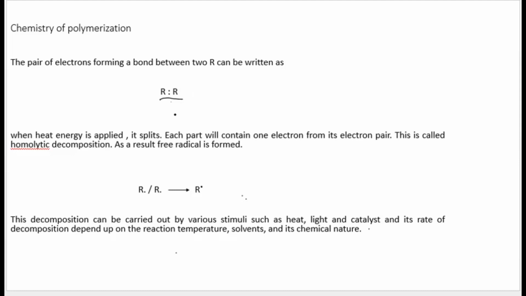So when we apply heat on it, it splits into two equal parts, two identical fragments like this. So each part contains one lone electron, which is eagerly waiting to couple with another lone electron and thereby get stabilized. So that is a free radical. Examples of initiators are azo compounds, peracids, peroxides.